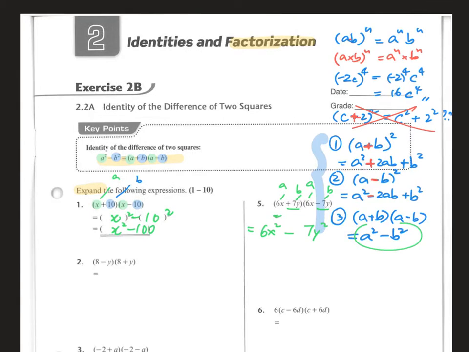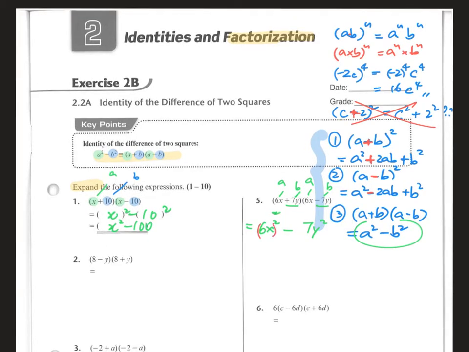Don't forget that 6x is a big item, so don't forget to add a bracket. So at 7y, you have a bracket square too. In this case, according to the index law we just mentioned, 6 squared is 36 x squared, minus 7 squared, so you have 49 y squared. So here comes the result.